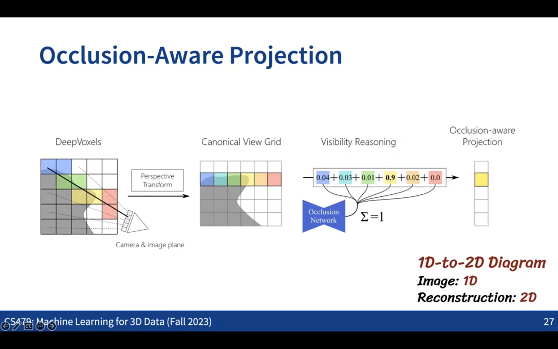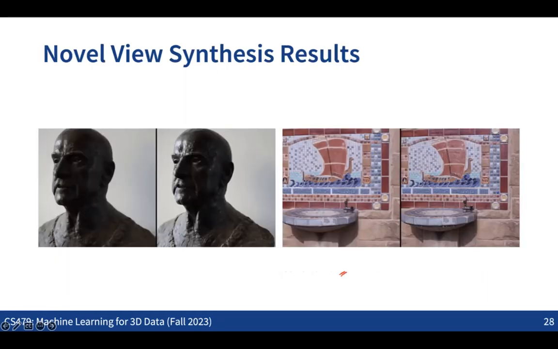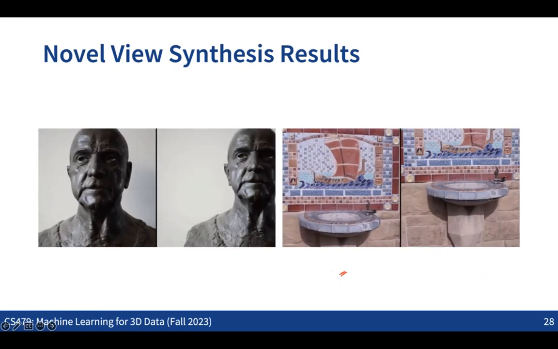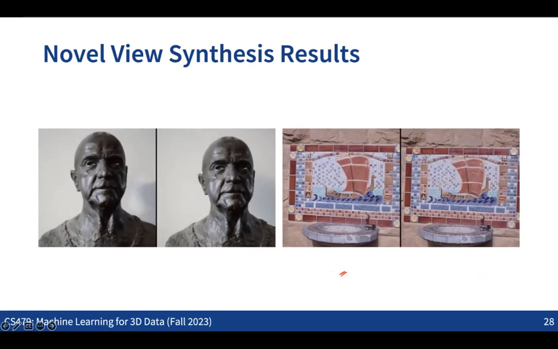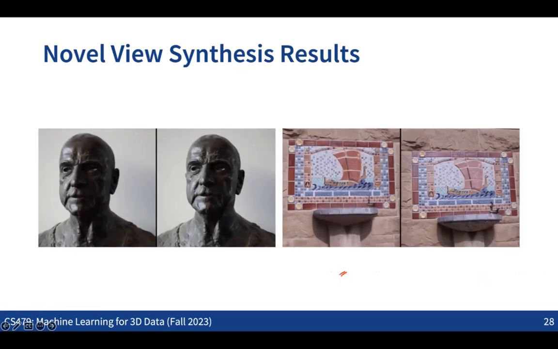So that's the simple idea. We have a single-layer weight composite neural net for getting the visibility and taking the weighted sum like this, and these are the outputs that we get. As you can see, the output looks quite good.